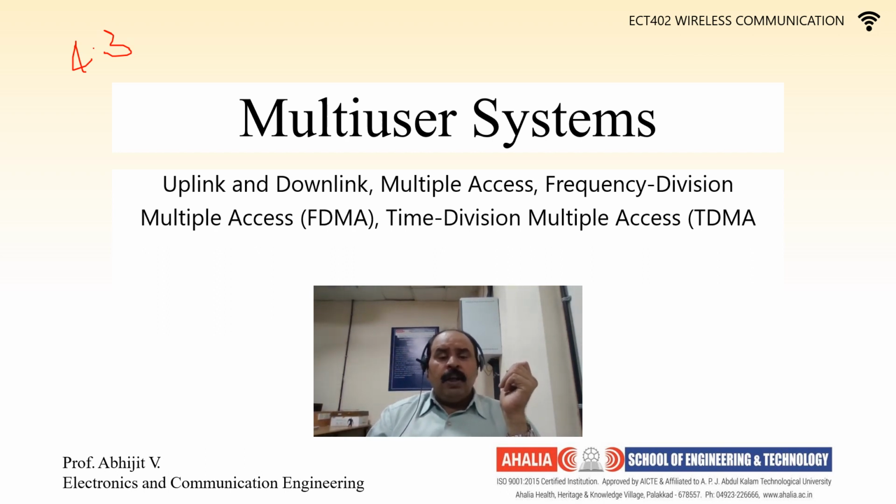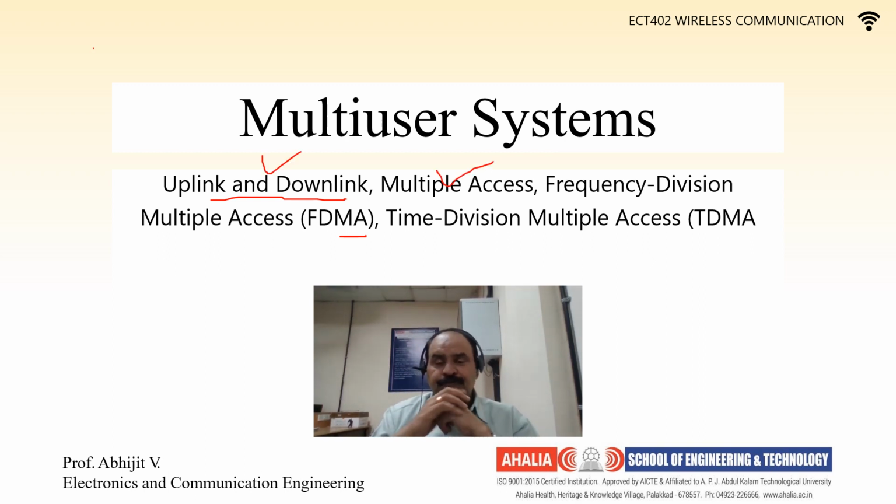We have to understand the different directions, that is uplink and downlink, and multiple access systems, FDMA, TDMA, OFDMA and CDMA in our syllabus. Today we will be covering only uplink and downlink and the introduction to multiple access.